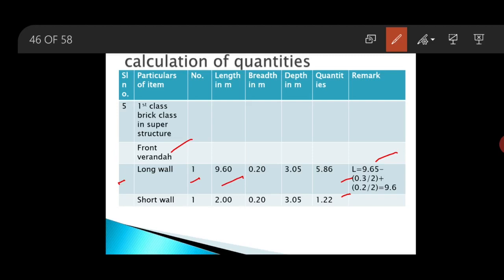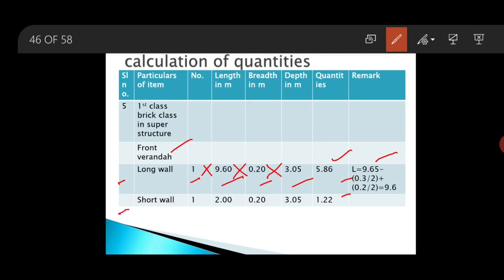Breadth, the breadth of the superstructure wall of the veranda, is 0.2 and height is 3.05. This is the total height of the veranda wall. Then by multiplying all these four, we will get the quantity as 5.86 cubic meter.